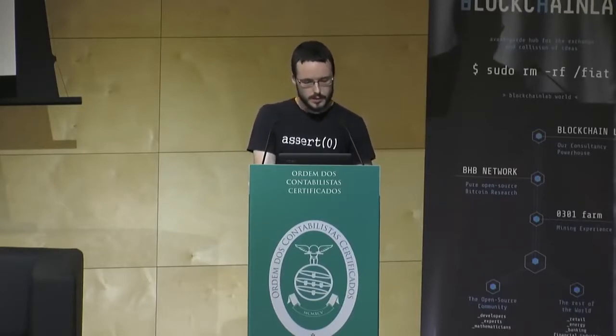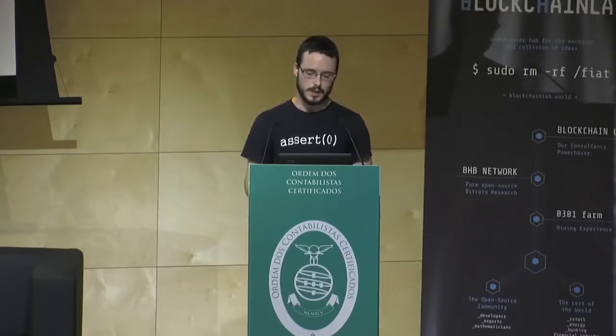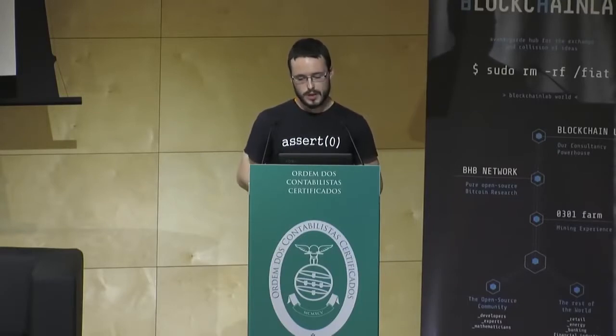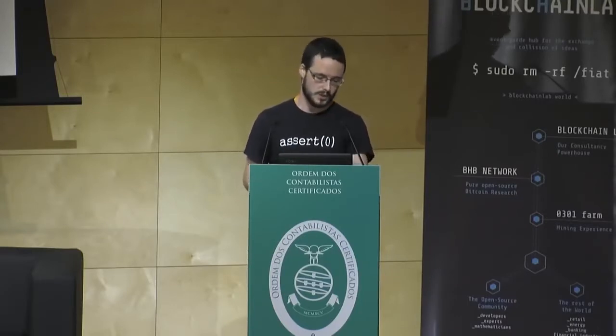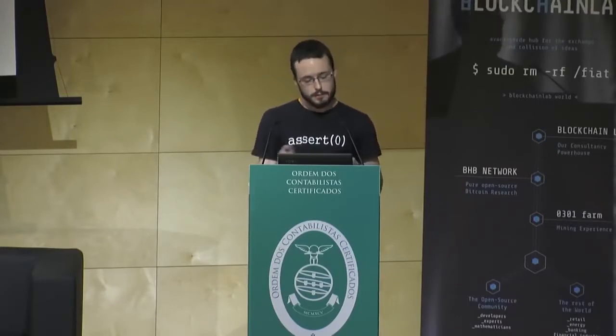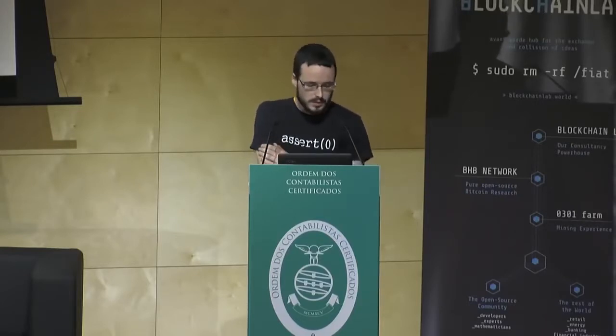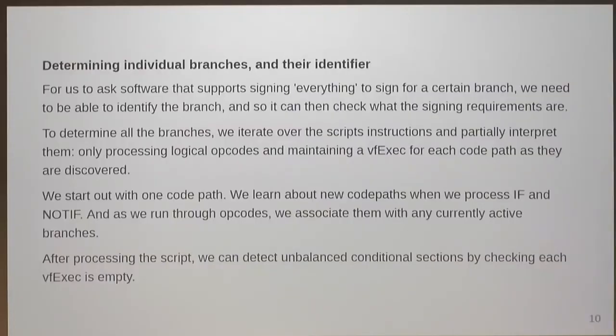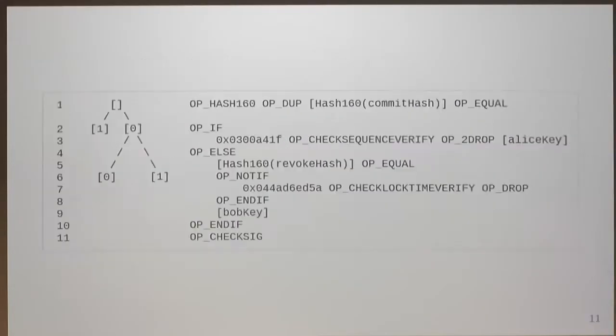Since it's a general method as well, we want to check for unbalanced or invalid scripts. So if any code path, while we're tracking the changes to the VFExec, still has contents in the VFExec by the end of the script, it's obviously invalid. It wasn't fully balanced, so we can reject those.